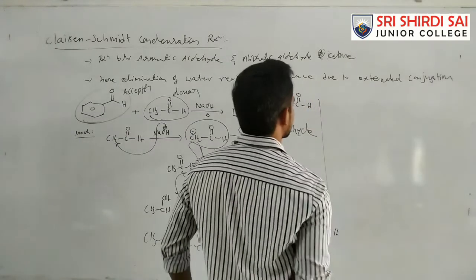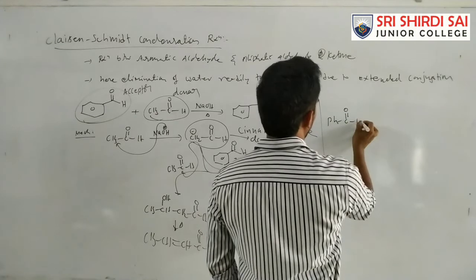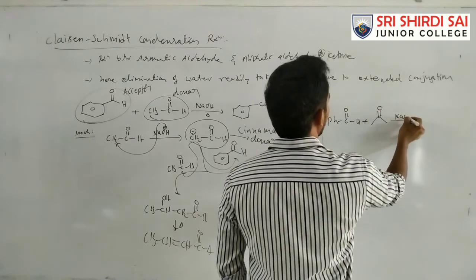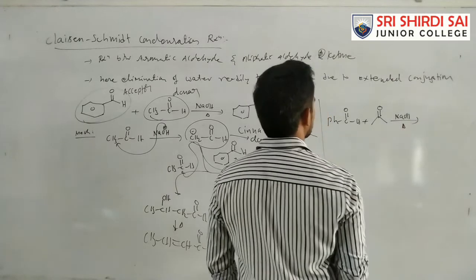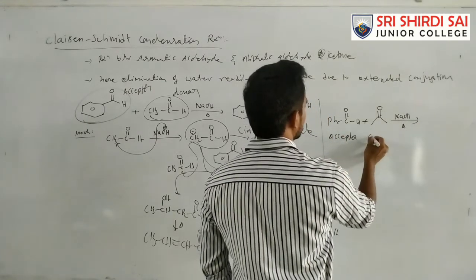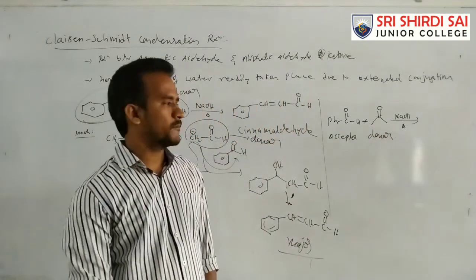For suppose, benzaldehyde and acetone. Write the products. This is the acceptor, and this is the donor.